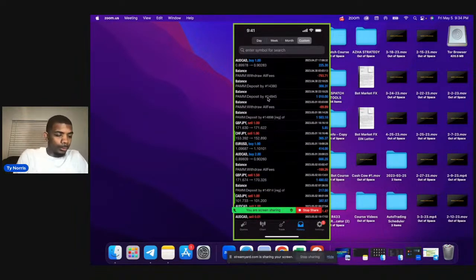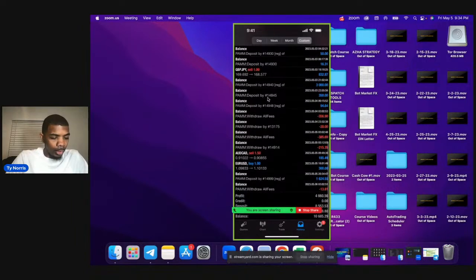For example, this week I did 10%, and right now my total balance is about 62,000. So if you put in $1,500, the bare minimum, this week your account would have made $150.